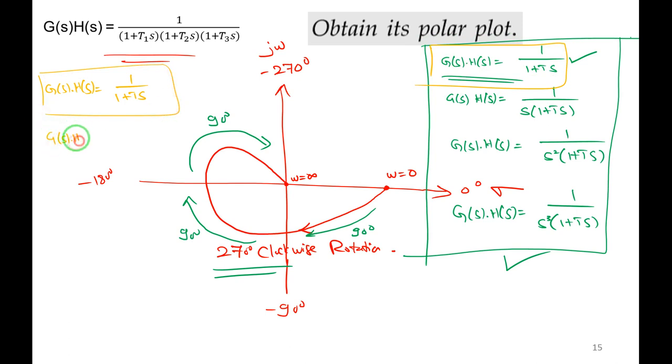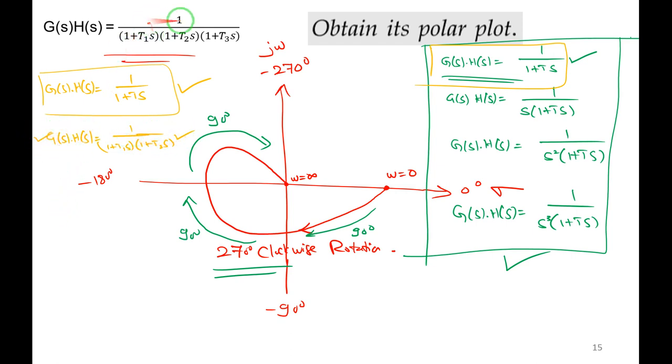G of s into h of s is equal to 1 by 1 plus t1s into, I will add one more simple pole, 1 plus t2s. I know the nature of this polar plot, so I can predict, because the plot already has 90-degree by this, so one more simple pole means there are two simple poles, means 180-degree clockwise rotation for this.